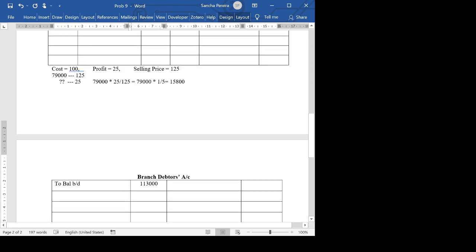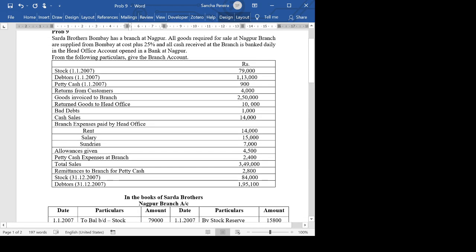Okay, so we have done that. We've shown the opening balances. We move on now. Anyone has any questions?